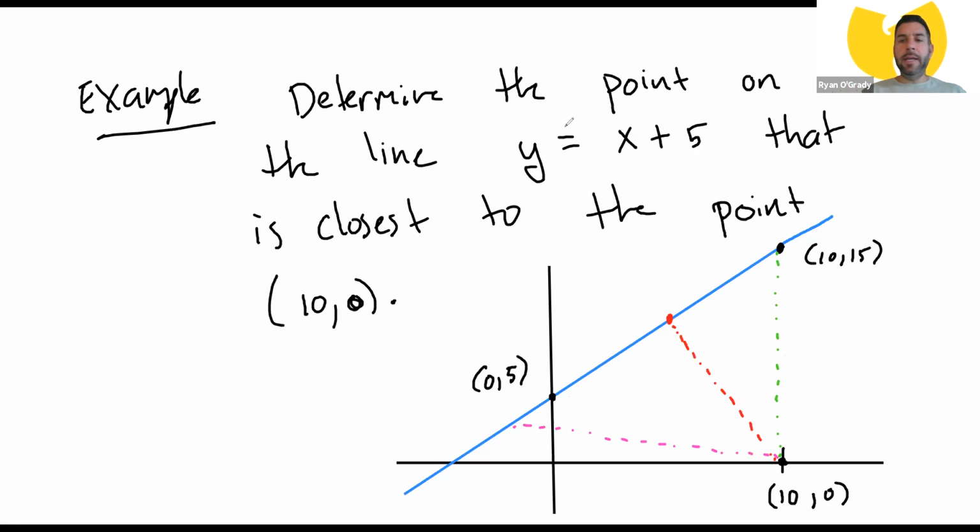Let's label this some point. Actually, let's not call it C, C plus 5. That's silly, why make it harder than it has to be?